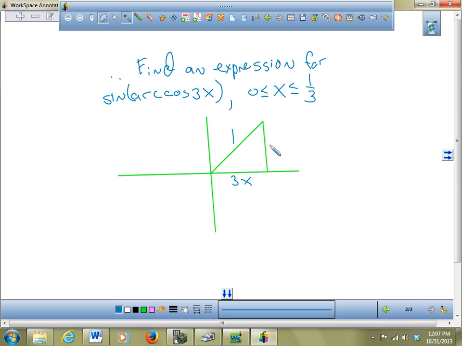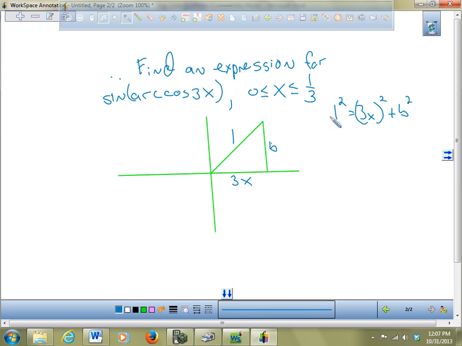So using the Pythagorean theorem, this side comes out to be, you're going to do 1 squared equals 3x quantity squared, plus, we'll call this side b, b squared, right? Pythagorean theorem. So what's 3x squared? 9x squared plus b squared.